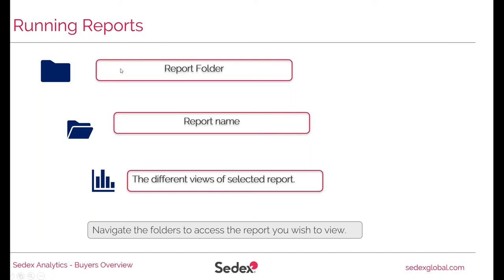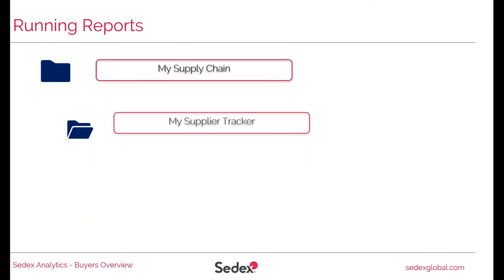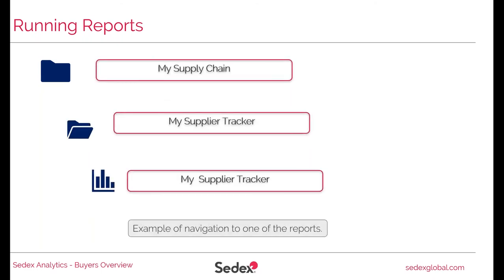The point I'm trying to make is that one of the reports you can access is the supplier tracker, which is a very good report that shows you overview information in your supply chain. If you want to access that report in the Explore tab, there's 3 clicks to get there. You click the My Supply Chain folder, then there's a subfolder, the report's name, which is My Supplier Tracker.